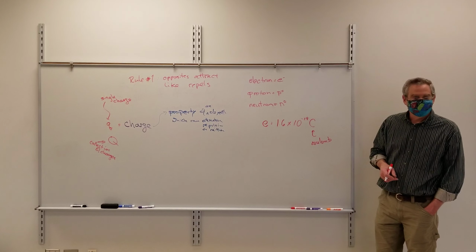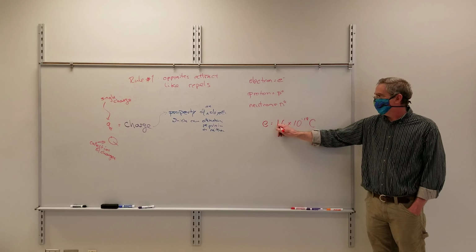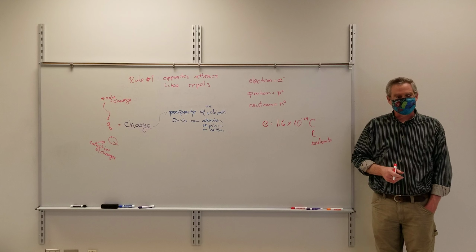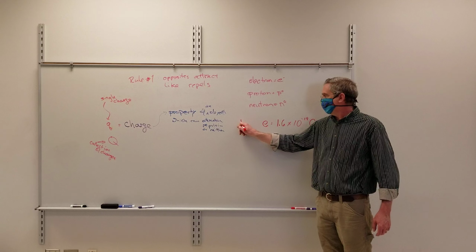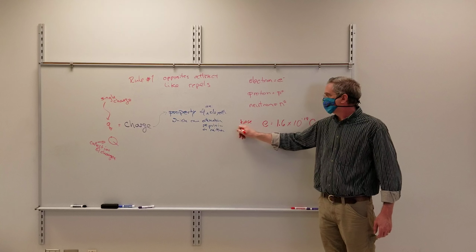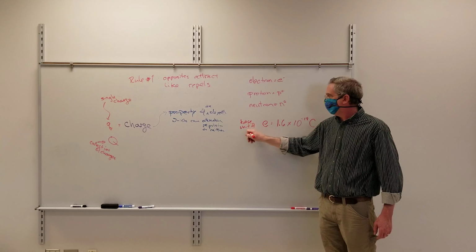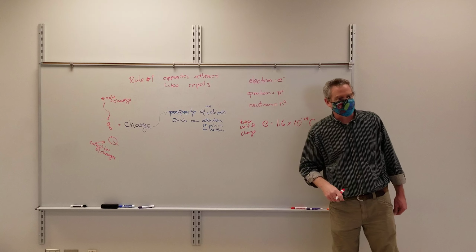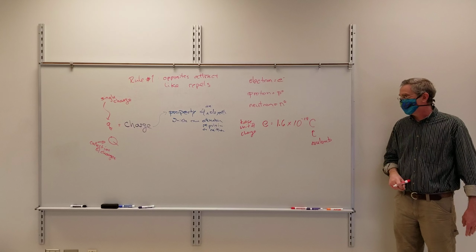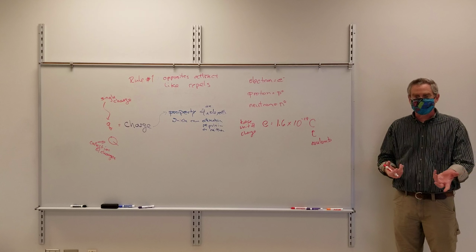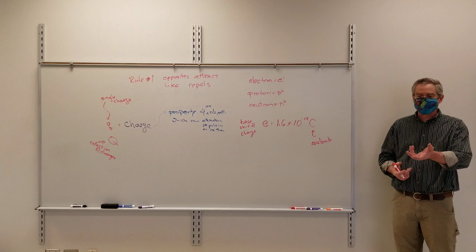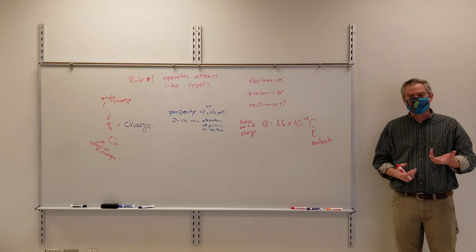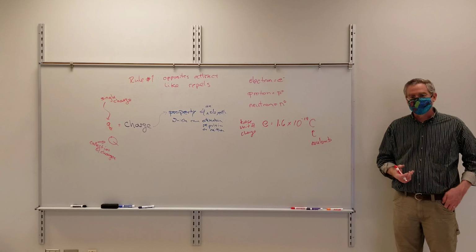This is the value for the base unit of charge. At this point, theory says there are things with smaller charges than that, sometimes called fractional charges, quarks, for example. Some quarks have a 2/3 value of that, some have a 1/3 value of that.